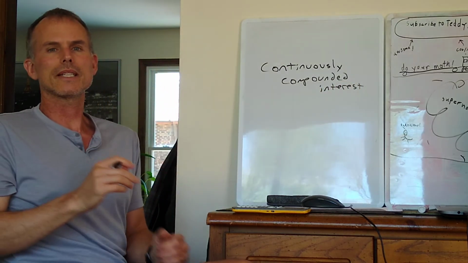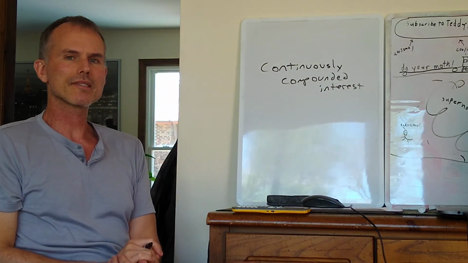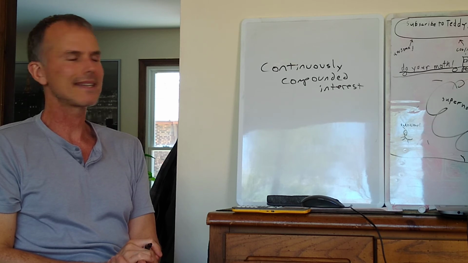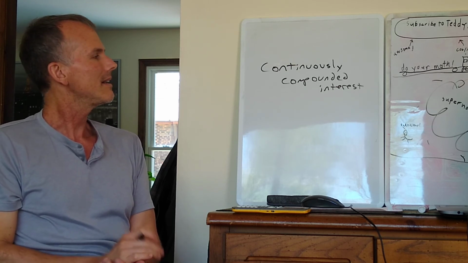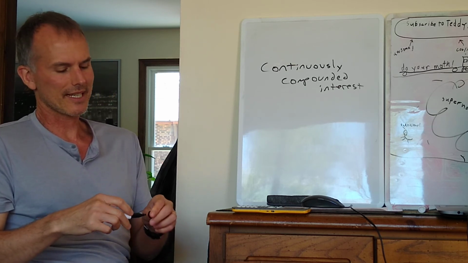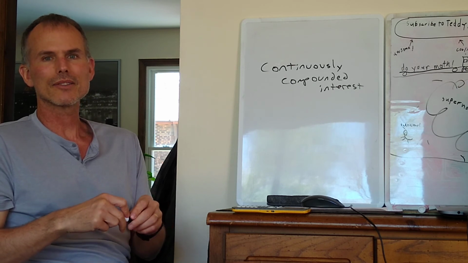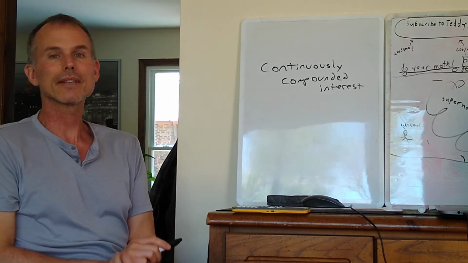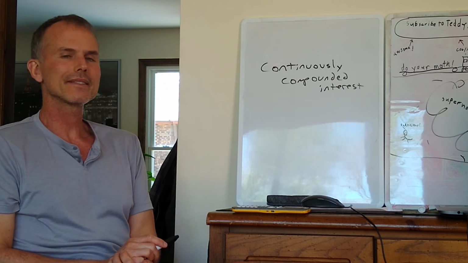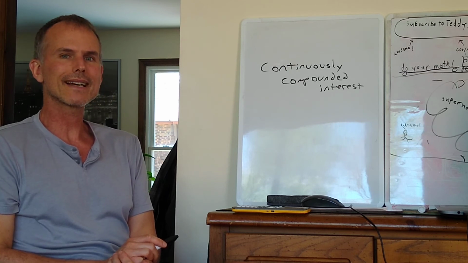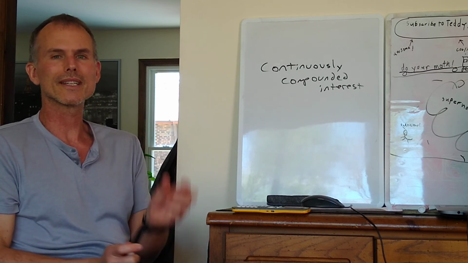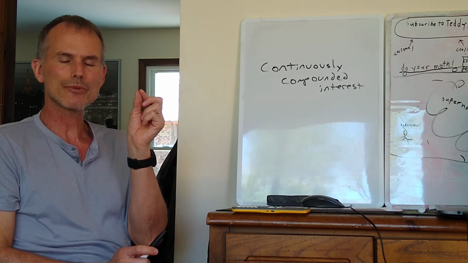Earlier in this lesson and in the lesson from 4-1, we talked about compound interest and the concept of compounding interest 12 times a year, 4 times a year, 365 times a year. And then we also talked about the concept that we can compound interest as often as we want to, on as small a time frame as we want to.